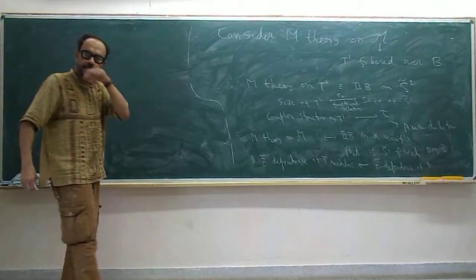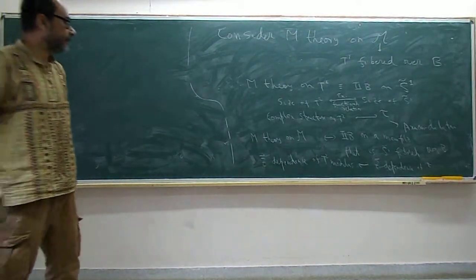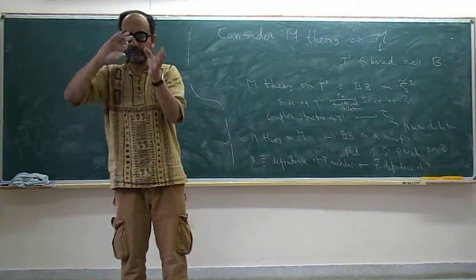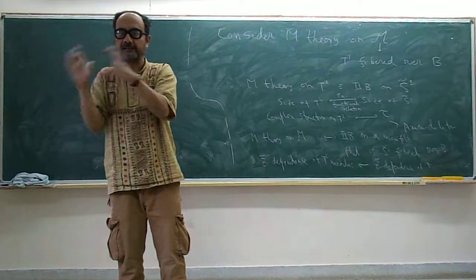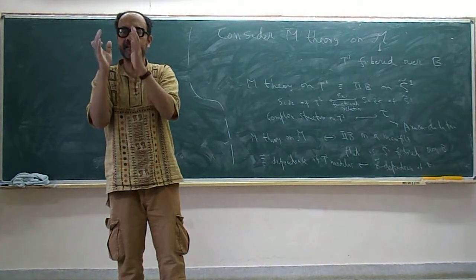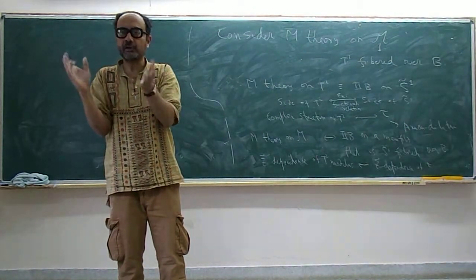Can you repeat the comment you said about large dimensions? No, it's just that if the base size is large, right, then locally, even though T2 is varying as a function of the base, the variation is slow. Okay, so locally you can think of this as if it's just fixed T2 times flat space time, right, and that's how you understand the duality.